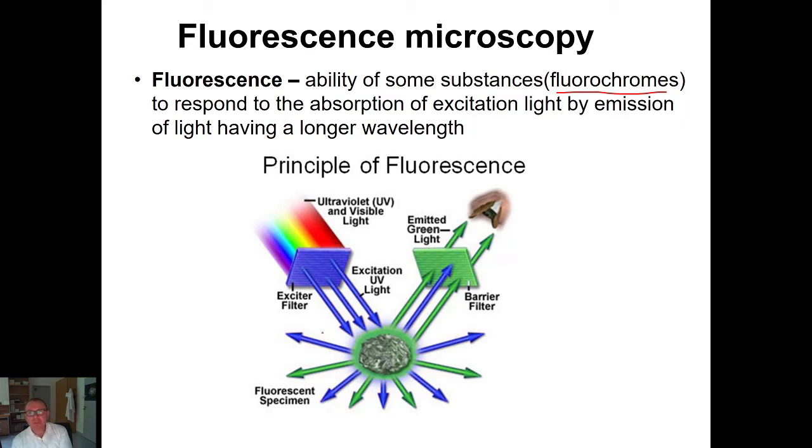Fluorescence microscopy is using white light, but it's filtered by excitation filters, so only one range of wavelengths is going on, usually not only one wavelength, but the spectrum of wavelengths is very reduced.